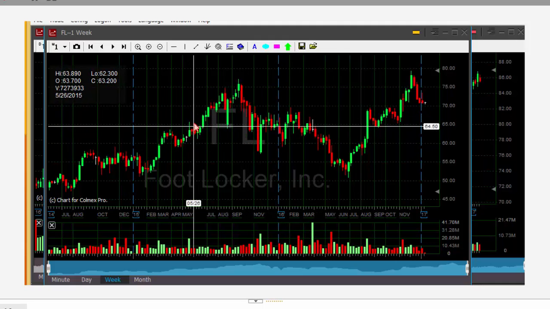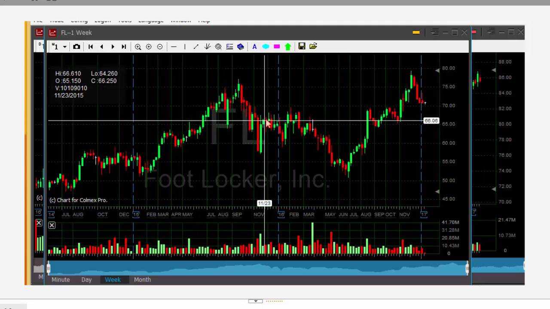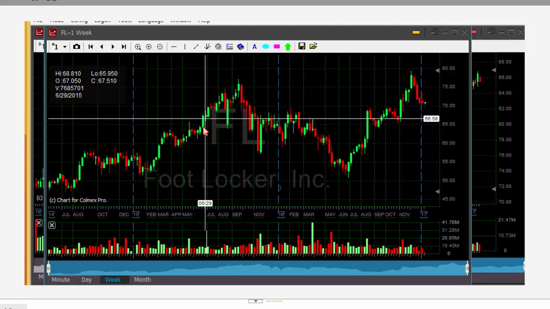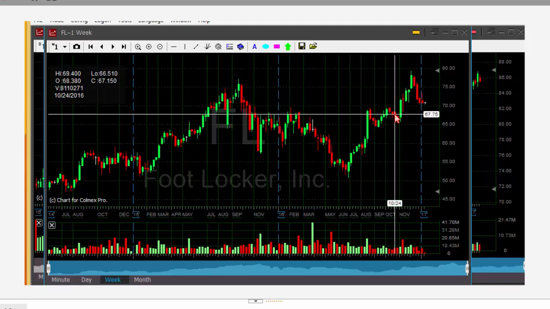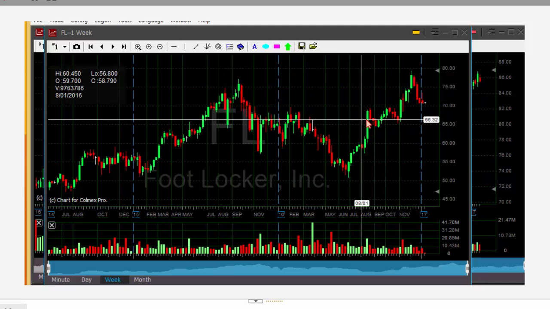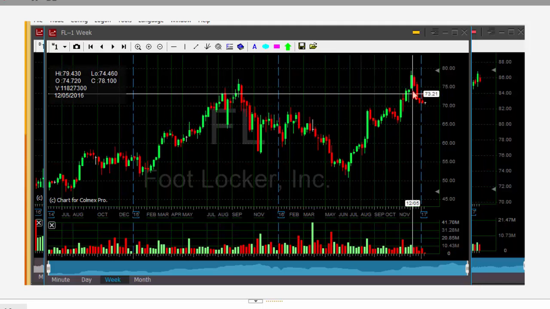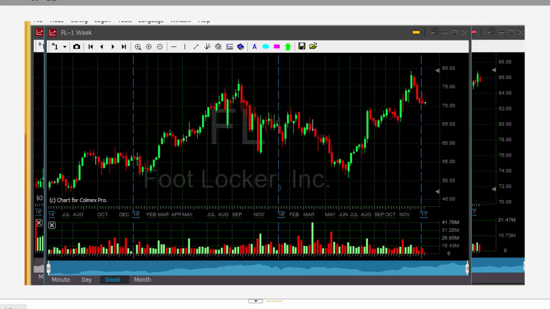You can also count in these guys from over here and here. So the longer it spends in this area, the bigger the resistance is going to be as it tries to move higher. Once it starts moving into new highs, then it has no previous resistance.